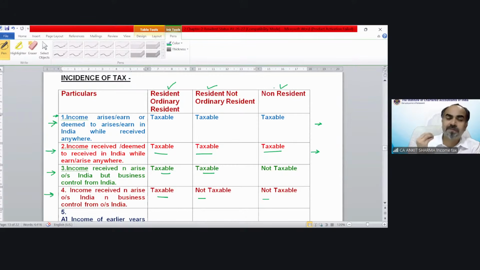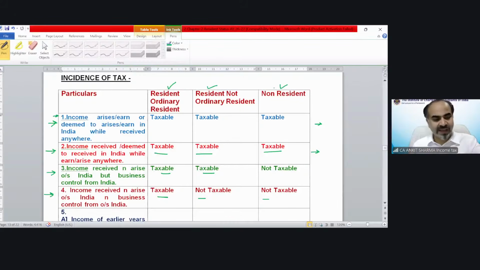But suppose you are a resident and ordinary resident, you have to pay tax on everything, whatever you earn, wherever you earn, whenever you earn in the previous year, in India at least. So what are these categories of income? That's what we have to understand. So the picture will be more clear. And you will understand that it's good to be a non-resident from the point of view of taxation.